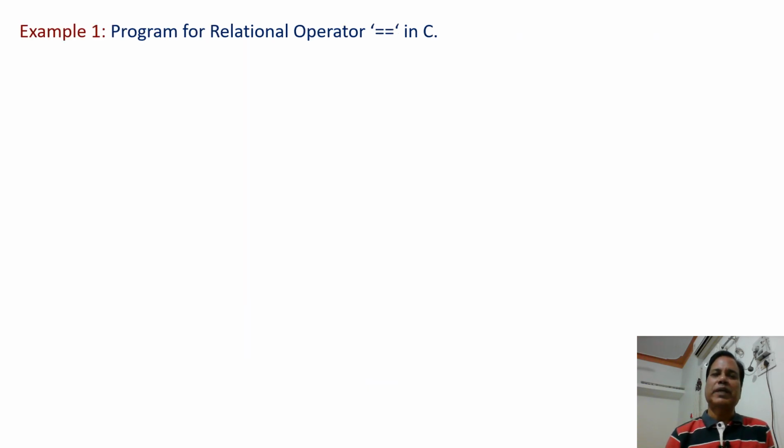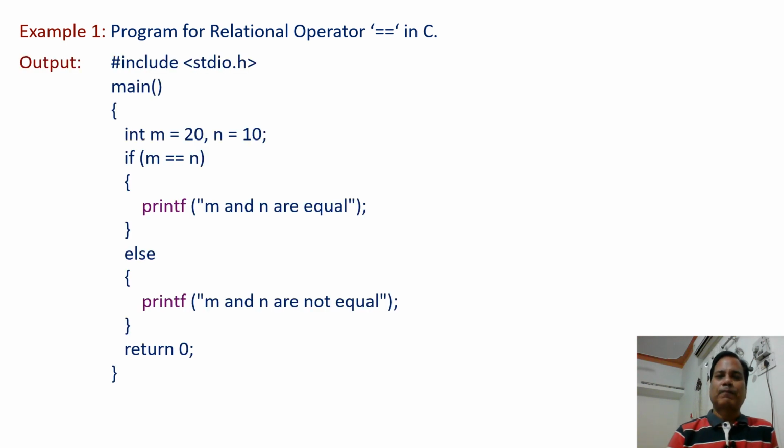Now let us discuss an example program for the relational operator double equal sign in C. If we have a program like this one, we start our discussion from the first statement, hash include standard input output dot h header file. This header file is included to use the functions stored in this file in our program.